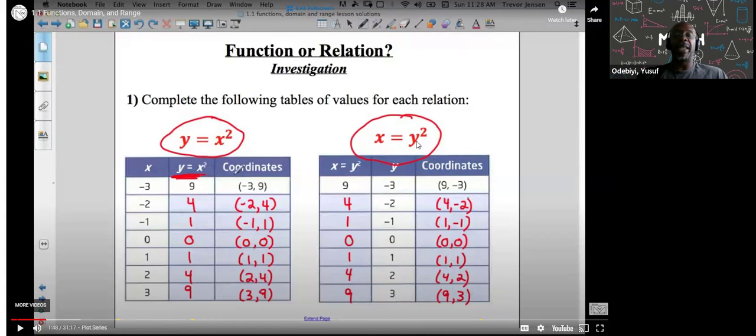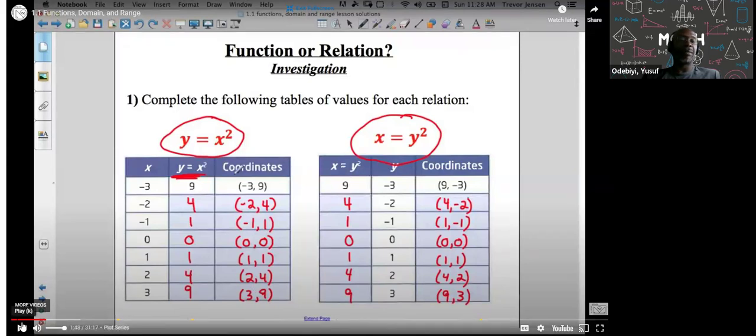If I plug in -3 for y here, -3 squared gives me 9. If I plug in 3 for y, 3 squared gives me 9 again. So I have two y values for the one x. Therefore, it's a relationship, yes, but it's not a function.